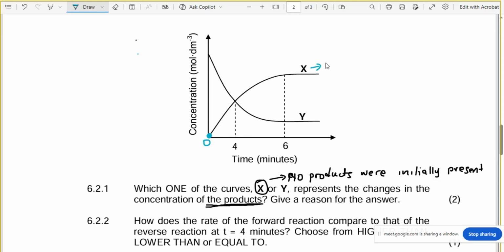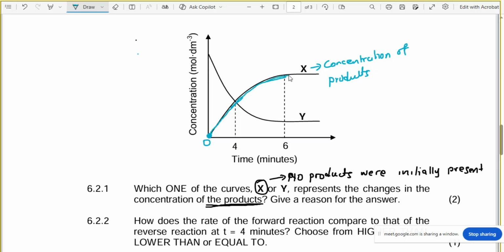So this one represents the concentration of the products. Okay, and the reason is 0. Another way to say this, Emihle, is that the concentration of the products is increasing.